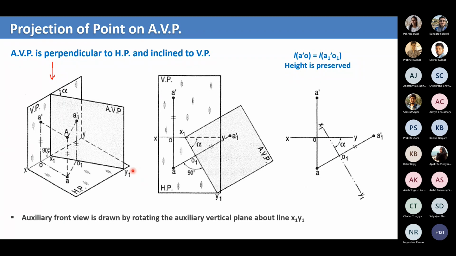Why Y1? Why not X1? Because one thing is you should always be outside the figure. So whenever you have a figure like this, you should see it from the outside. One extreme is this side, one extreme is this side.